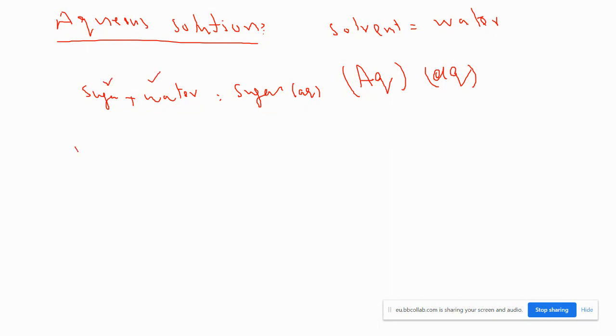If suppose we have salt plus sugar plus water, again it is a solution in which water is the solvent. Usually the solvent should be one, and the other components which are in less quantity we call solutes. Solutes may be 1, 2, 3, 4, 5, whatever, but the solvent should be only one.